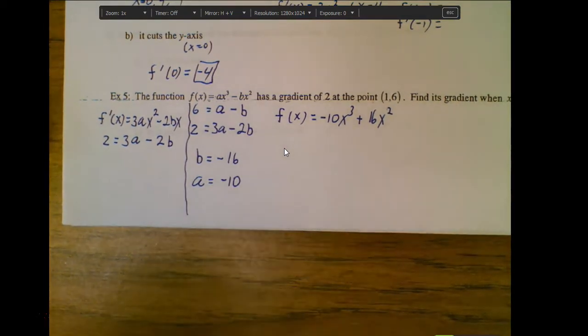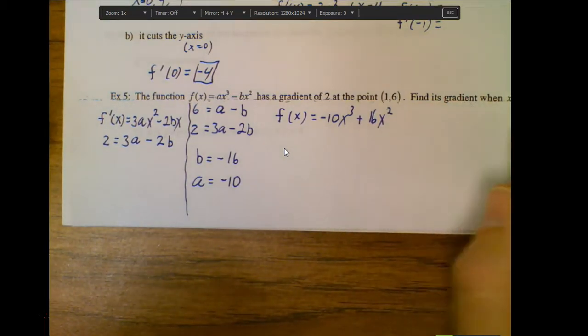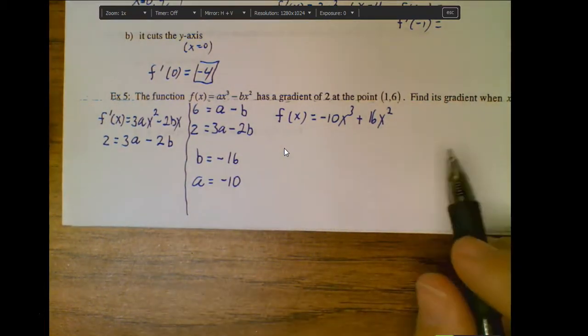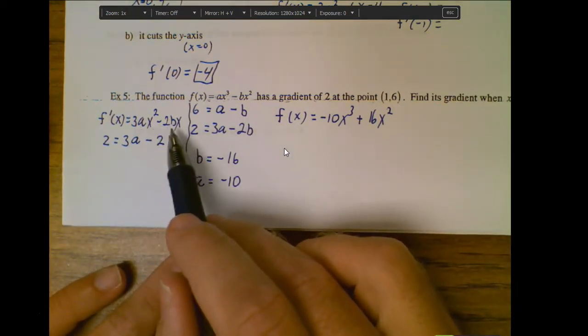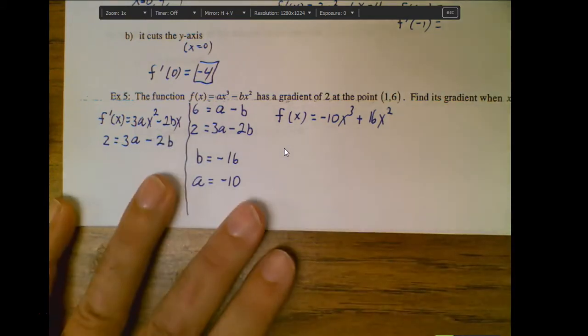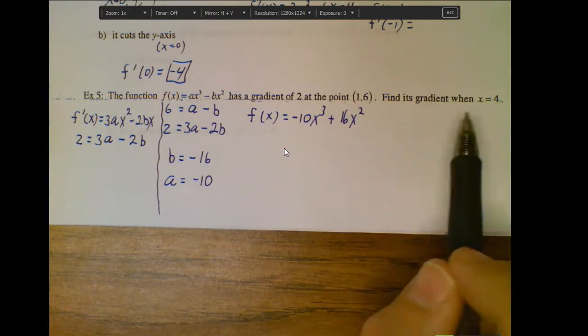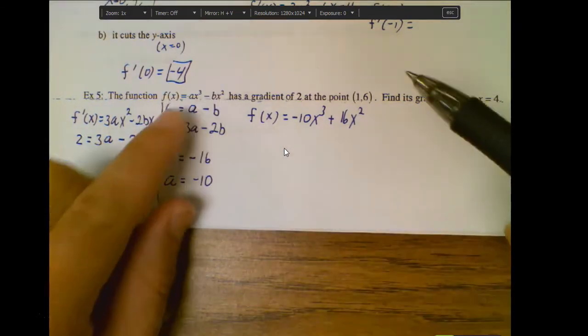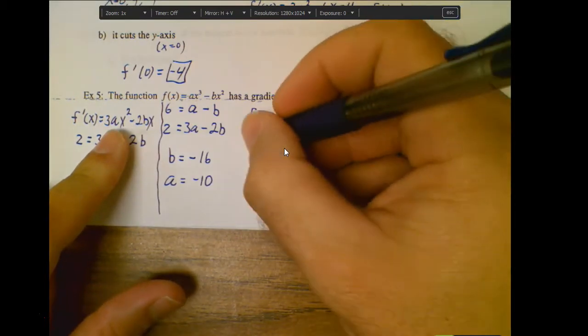In this case, what they're ultimately asking for is the gradient, or the derivative, when x equals 4. So if I take the derivative function that I had right here, I know that they're looking for the result when x is 4. So I'm going to take the derivative.